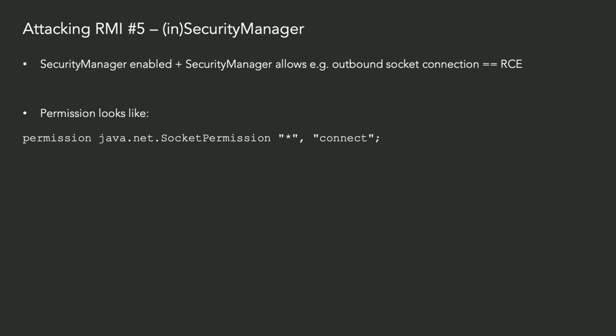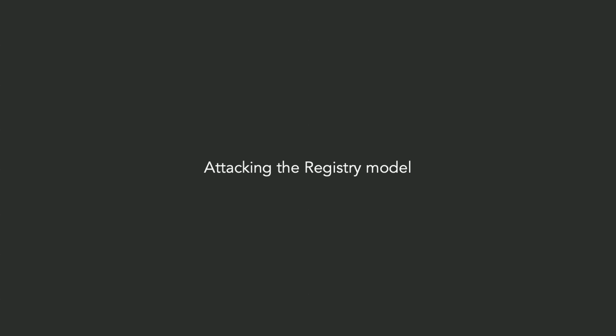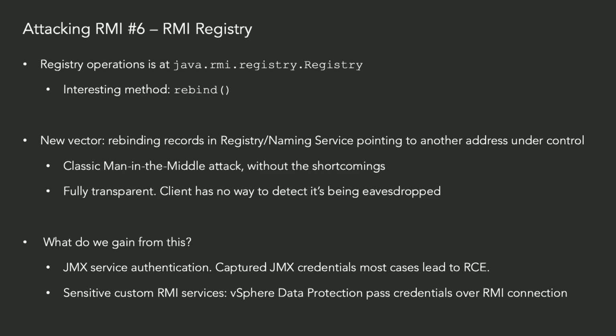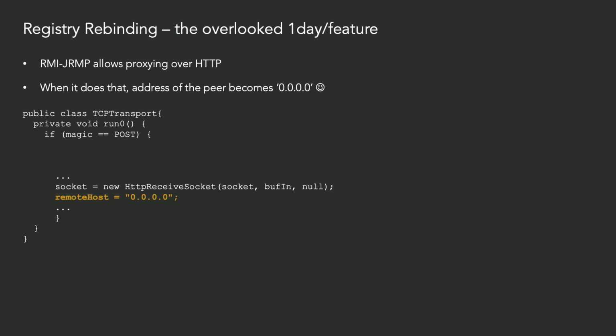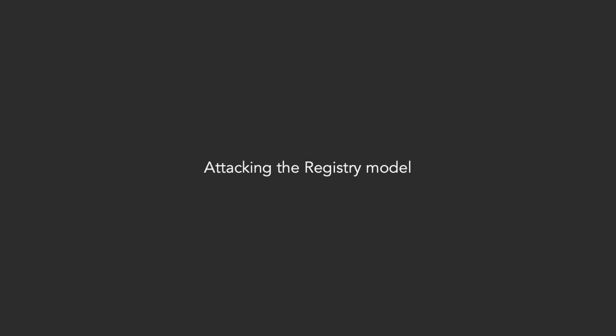So a permission for the security manager that allows us RCE looks like this: permit outbound socket connection. Yeah, so that's for the CORBA and deserialization exploits.